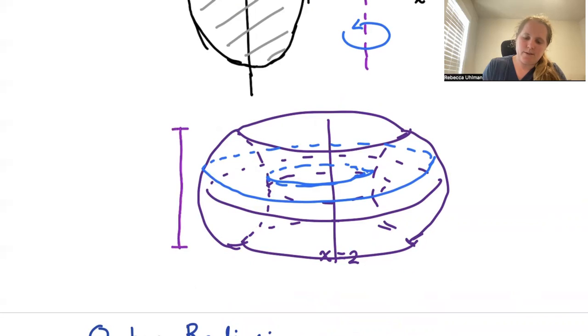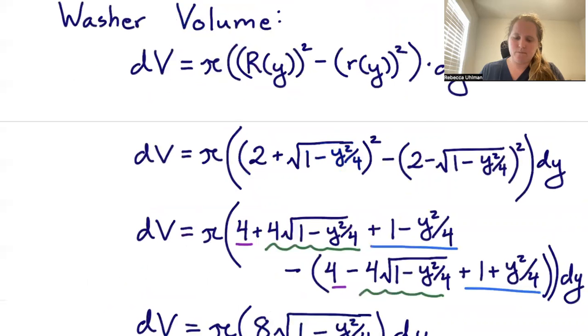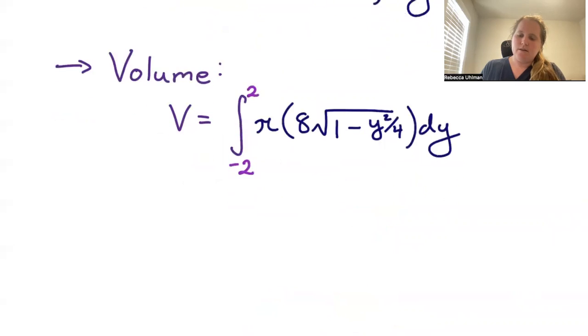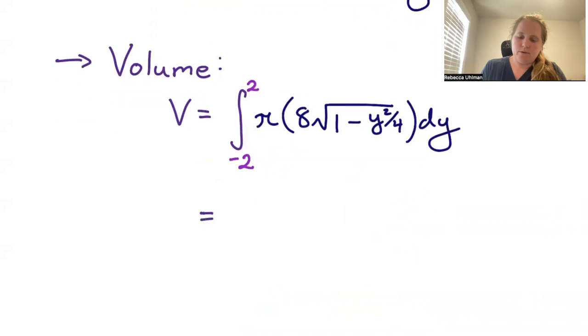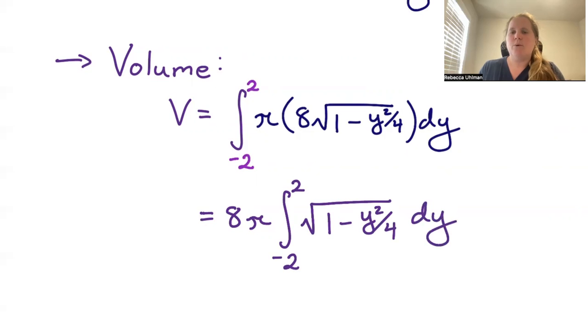The top of our ellipse is at 2. So our y values are going to run from -2 to 2. So we are looking at the definite integral from -2 to 2 of pi times 8 times the square root of 1 minus y squared over 4 dy. So this becomes V is equal to 8 pi times the definite integral from -2 to 2 of the square root of 1 minus y squared over 4 dy.